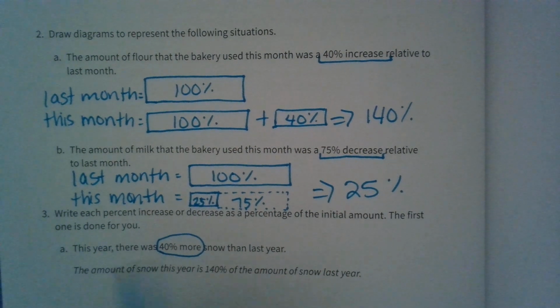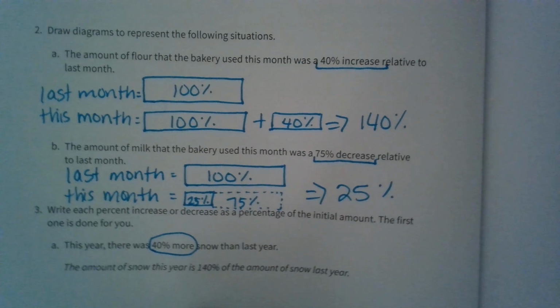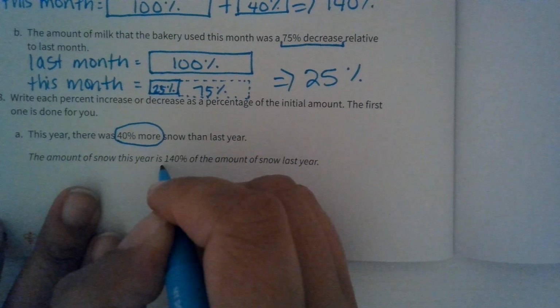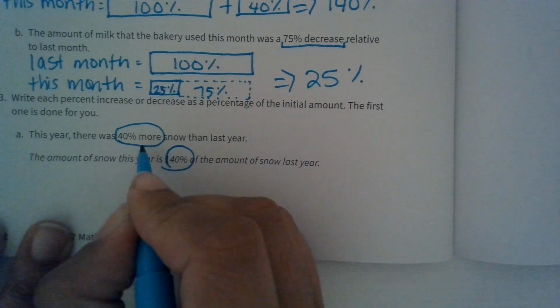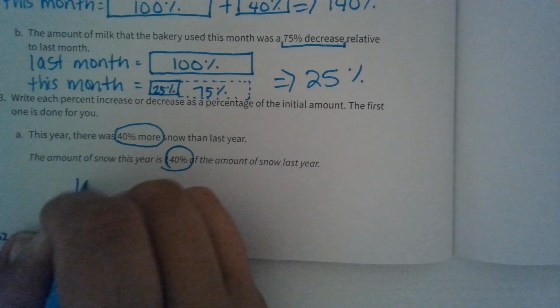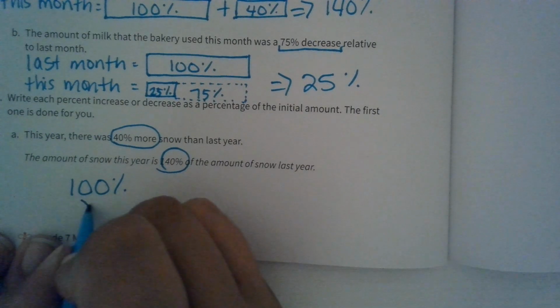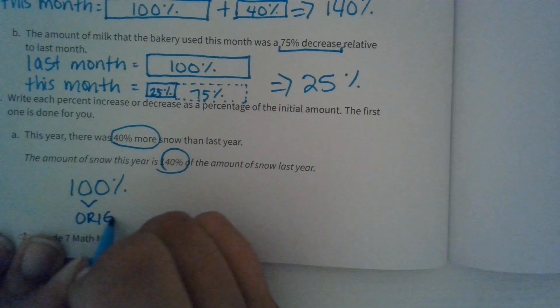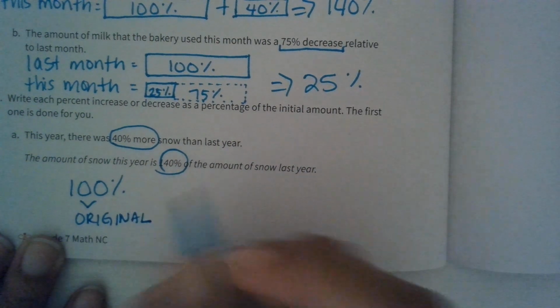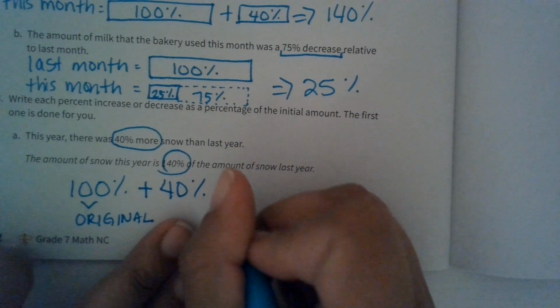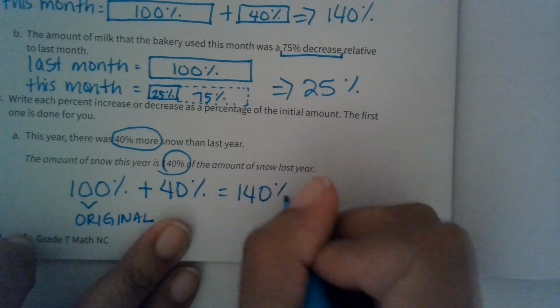Meaning the amount of snow this year is 140% of the amount. Now, the reason how they got 140 is because when we're talking about 40% more, you're always going to add or subtract by 100. You always have to start with 100. So because it's an increase, we're adding 40%, which is how they got 140%.